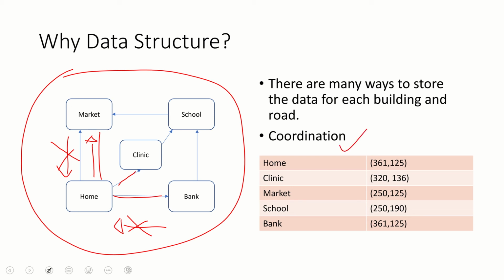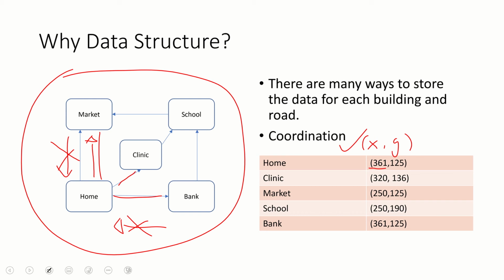Okay, so that's one of the ways you can store this data. One of the ways is to use coordinates, based on the location, using the x and y coordinates to locate the different buildings, right? So, for example, for the home, the x coordinate is 361 and the y coordinate is 125.